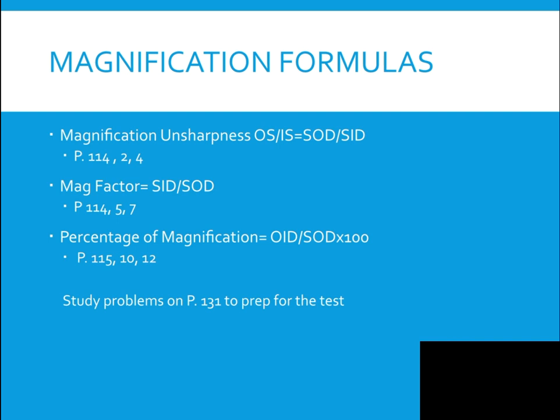So if you flip that entire thing over, not just one side of it, but the entire thing, then what you're going to have is multiplication of the exact same factors. So don't get hung up on exactly which thing necessarily needs to be on top. Object size and SOD can be on bottom, and image size and SID can be on top, and you're still multiplying the exact same things, and so it's going to give you the same magnification unsharpness.